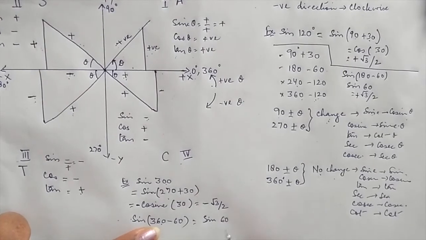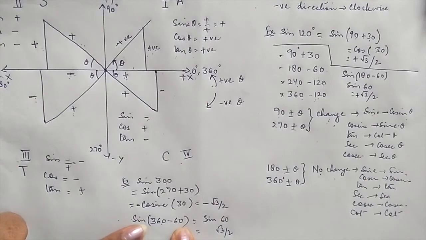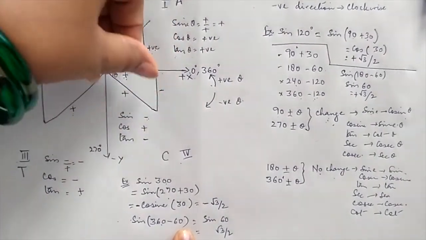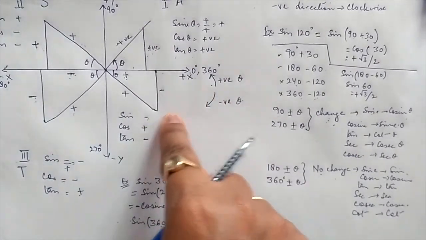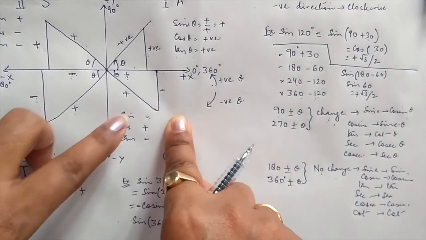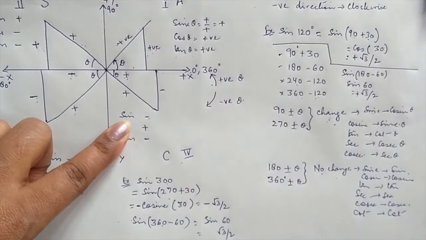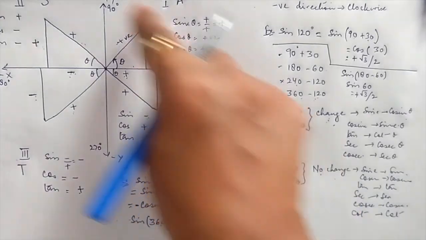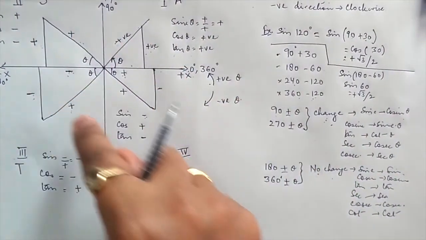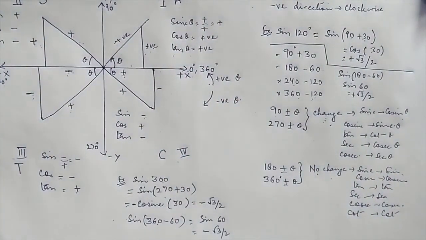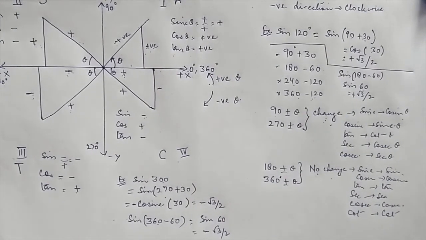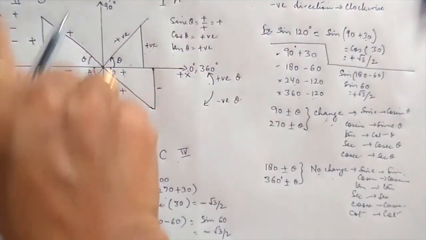Now this is root 3 by 2. Now 360 minus something. This is my 360. Minus something would mean I'll come down. I'll be in the fourth quadrant. And in the fourth quadrant you can see my sign is what? Negative. So negative over here. So you can see the quadrants are playing a very important role over here. And you can now give me the answer for any angle ever asked. Just remember this diagram over here.